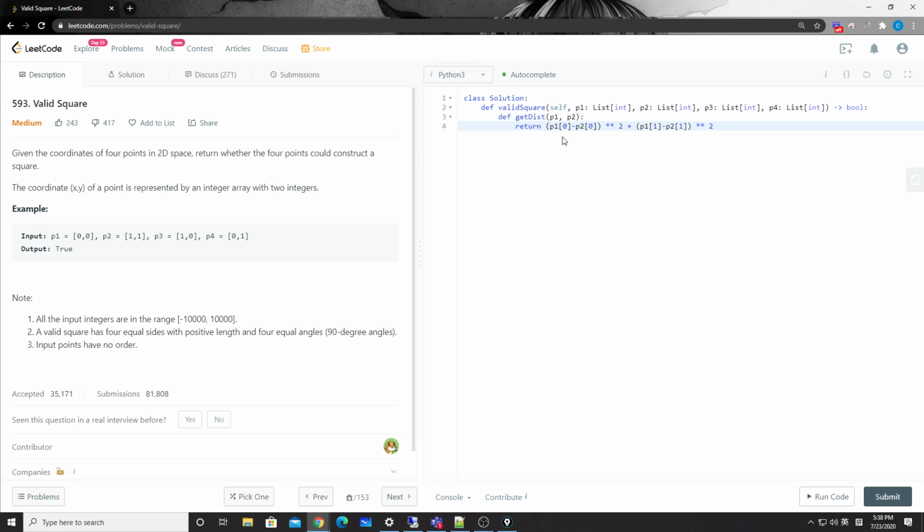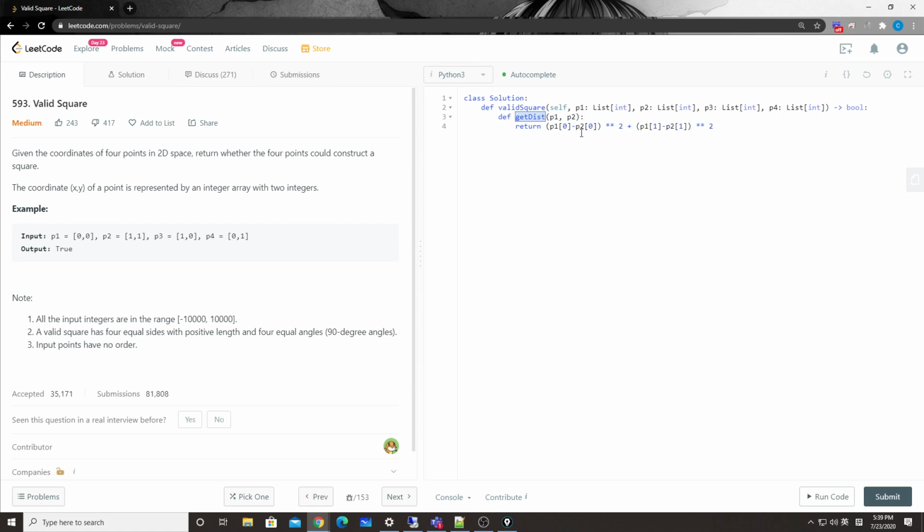Actually we need to take a square root to get the real length, but since we're using the squared version of the distance to represent the distance, it doesn't really matter.